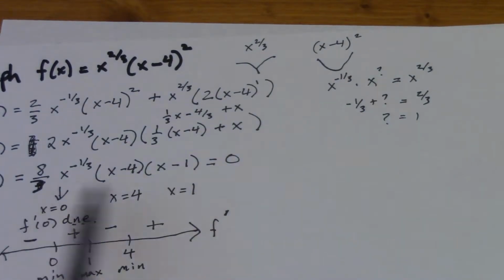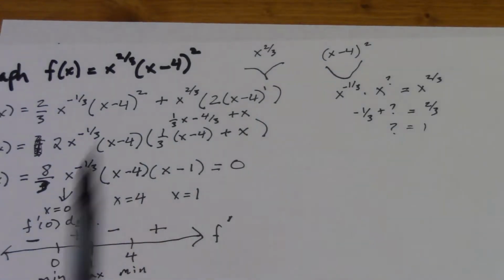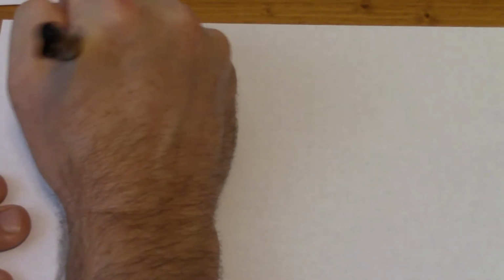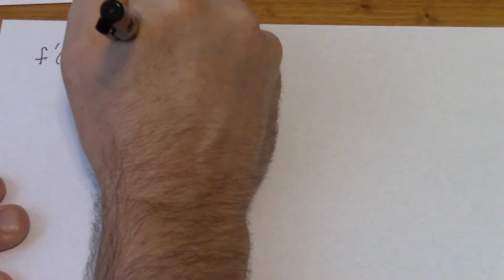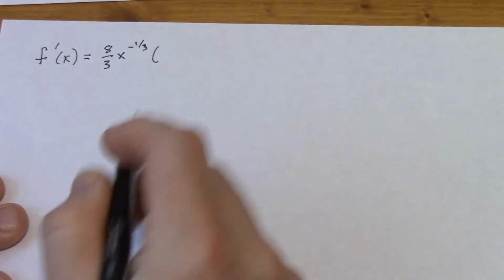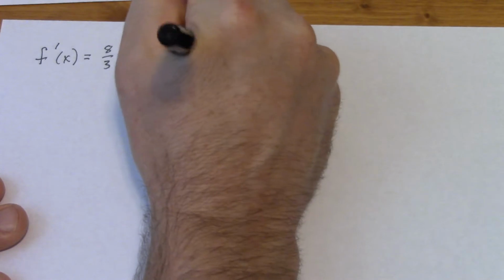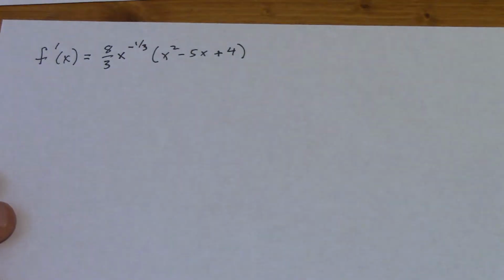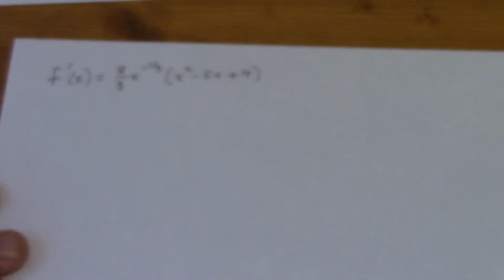I don't want to have 3 terms multiplied because then I've got to do this triple product rule kind of thing. So I'm just going to multiply that out because that's a polynomial. It'll be easy enough to handle like that. So that's going to give me 8/3 x to the negative 1/3 and x squared minus 5x plus 4. Okay, so that's what f prime is when I multiply all that stuff out.